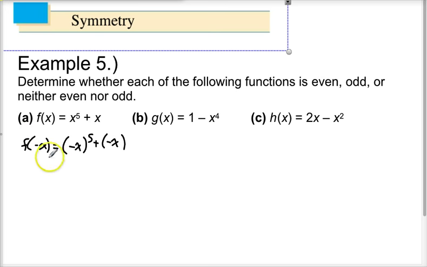You should remember that any negative raised to an odd power is going to give me a negative back. So this is going to be negative x to the fifth minus x, and that's what f of negative x is.